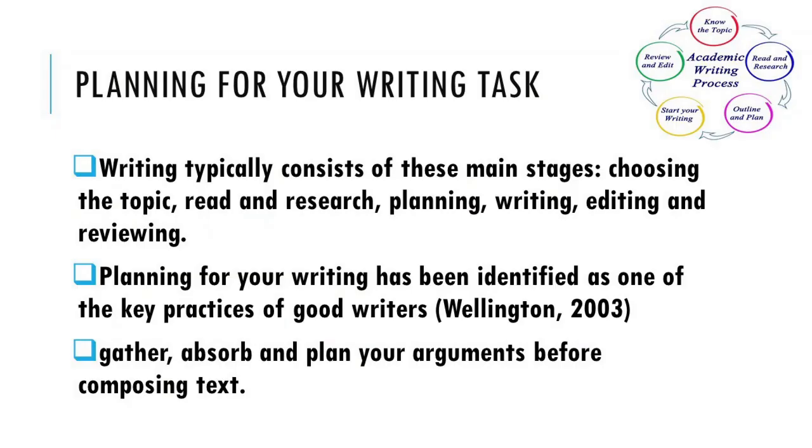Planning for your writing task. While you get prepared for academic writing, these plans can indeed be very helpful. What are they? Writing typically consists of these main stages. Choosing the topic, a very important part, read and research, planning, writing, editing, and reviewing.